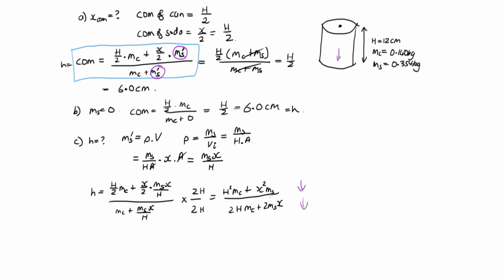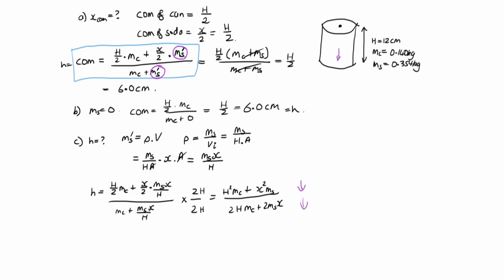So this is going to get the center of mass of the can and soda to drop. But then as the center of mass for the soda is going down, it's becoming relatively less important as the mass of the soda is going to 0. So eventually this mass of soda is 0 and this term doesn't contribute at all.